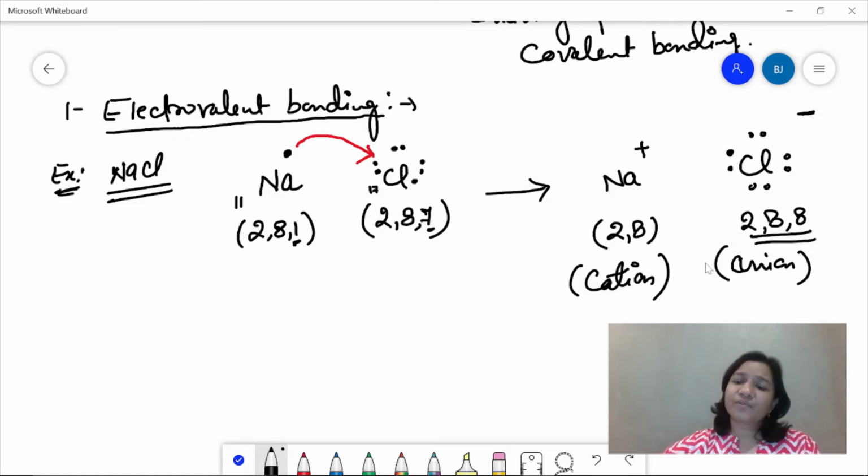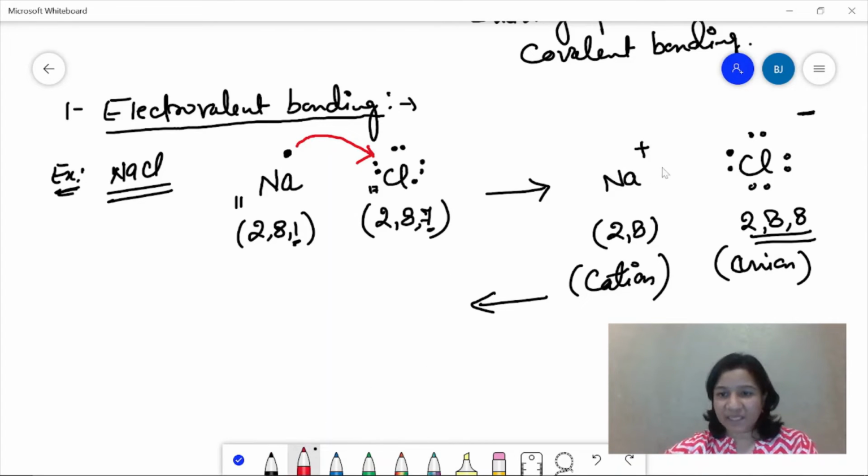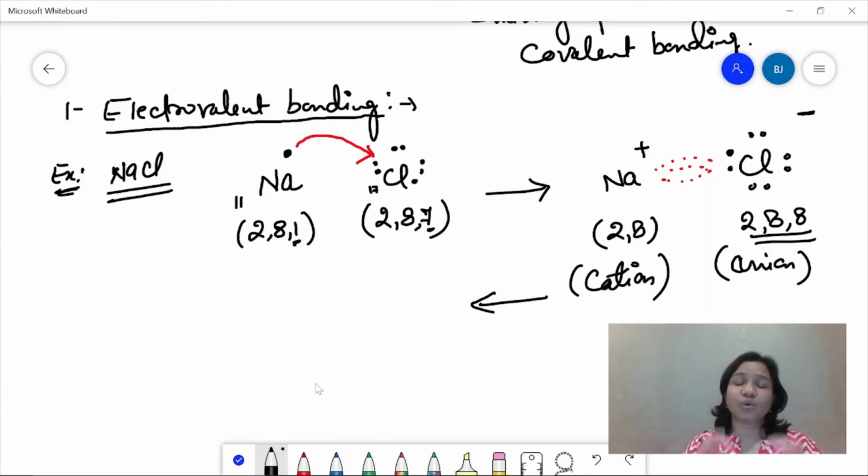Now, what type of force will exist between these two oppositely charged ions? One is positively charged, one is negatively charged, right? The two oppositely charged ions will be held together by a force of attraction, which I am trying to represent, but there is no specific bond to show you. It's a type of attraction which is holding these two oppositely charged ions together.